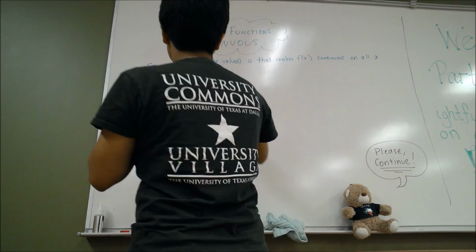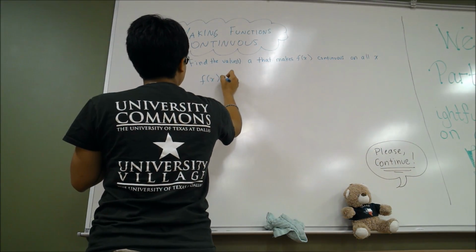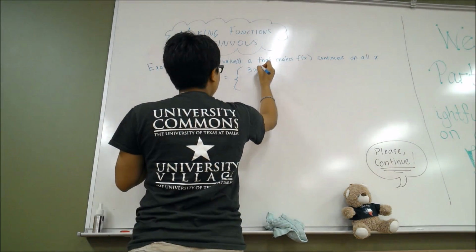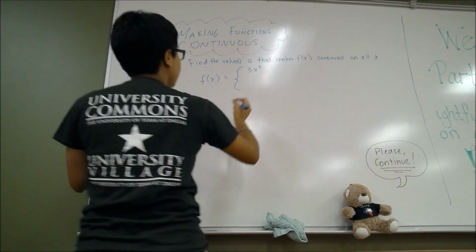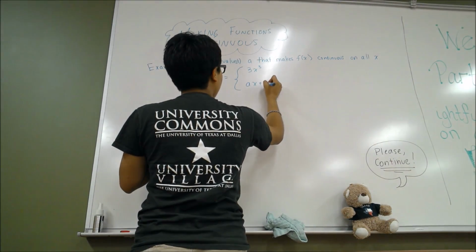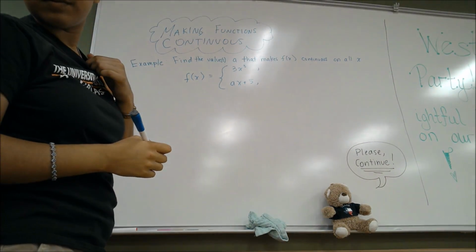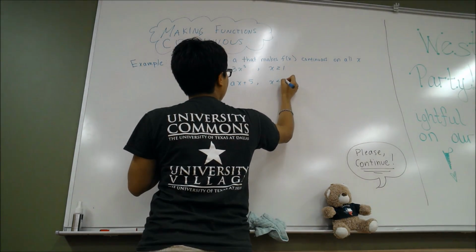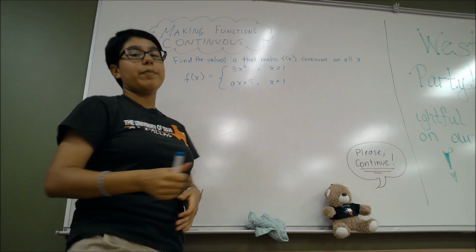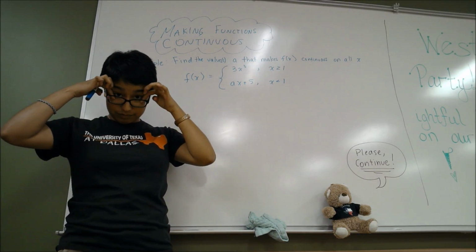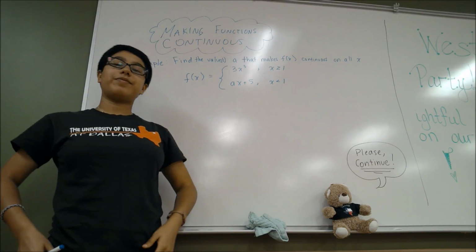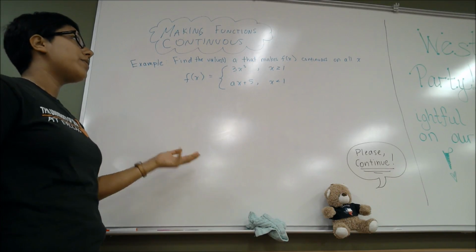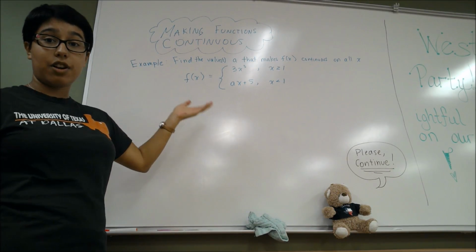And the function we have is... Okay, so we're starting off with this problem. Find the value or values of a that makes f of x continuous on all x.